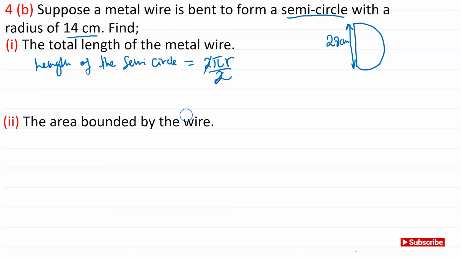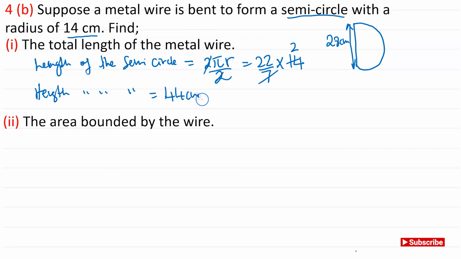So the 2s cancel, and then we have pi, which is 22/7, and the radius is 14. If we cancel that, we get 2. This means the length of the semicircle is going to be equal to 22 times 2, 44 centimeters.